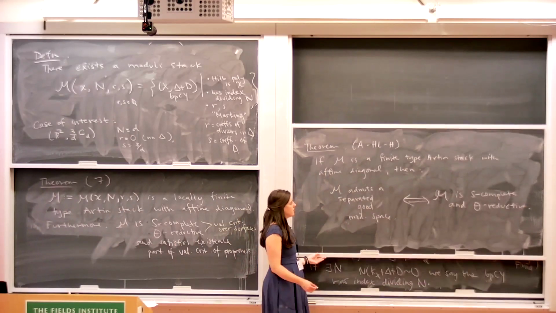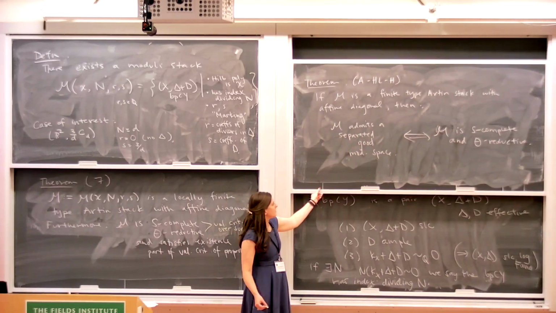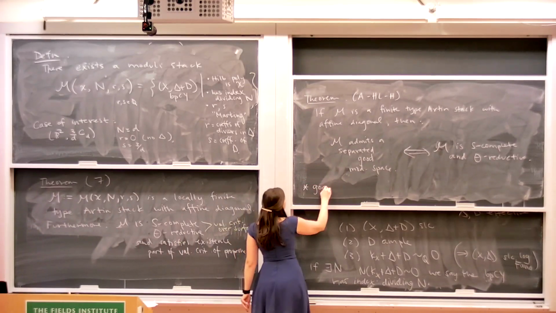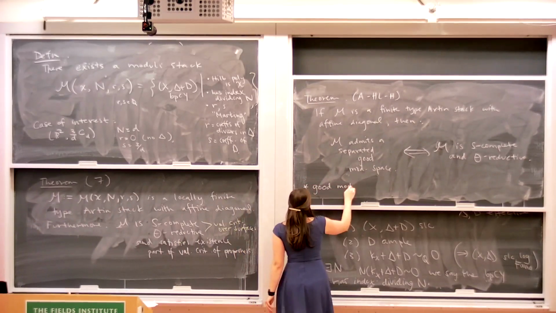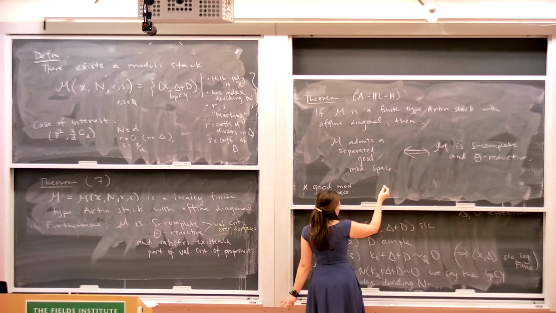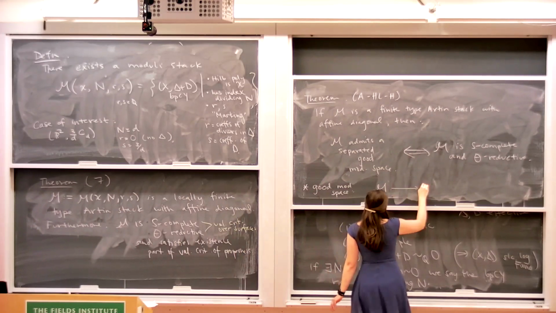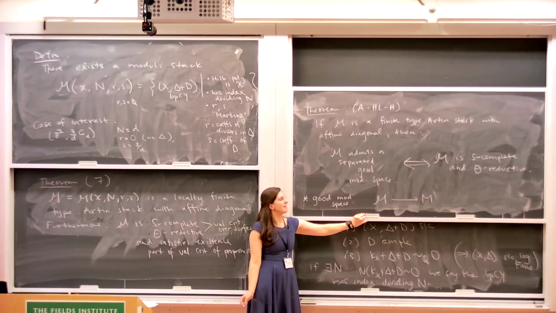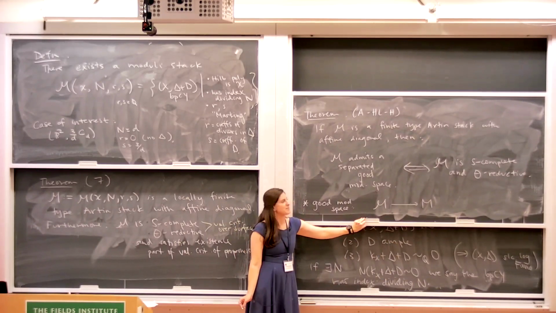Meaning what is a good moduli space? Well, I never really defined this, but a good moduli space is essentially what we want in many cases. It's a map. The definition is not particularly illuminating. This map is cohomologically affine and is exact, like the push forward of O is O. So the definition doesn't really tell you anything.